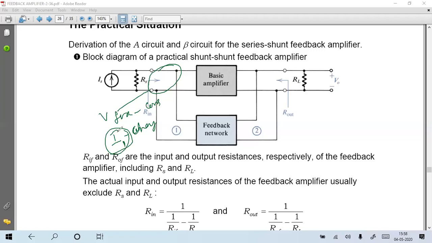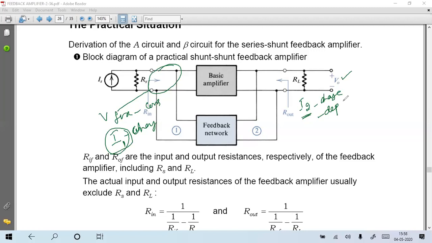Changing parameter means dependent parameter. Here in the same way, on the output side the parallel voltages are the same, V0 is the same. In shunt, which one is the changing parameter? I2. Current will change, parallel current changes. So I2 is the changing parameter, which means it is a dependent parameter.